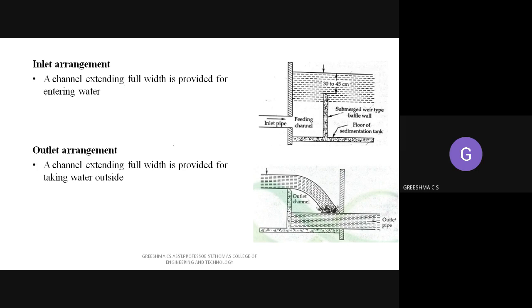Whatever the channel width, you should provide the same width for the inlet arrangement, for the proper entering of the water. Coming to the outlet, a channel extending the full width should be provided for taking the water. The same channel width should be provided for the outlet also.